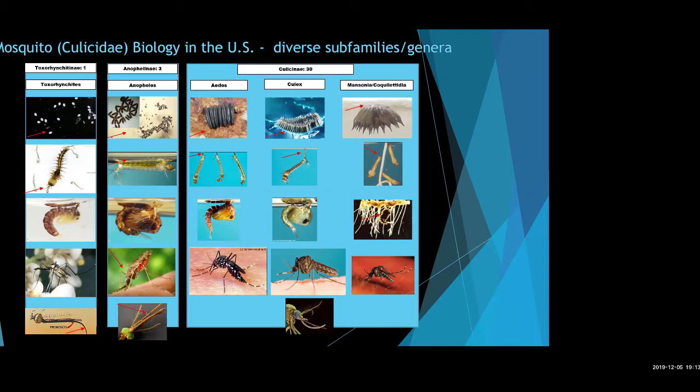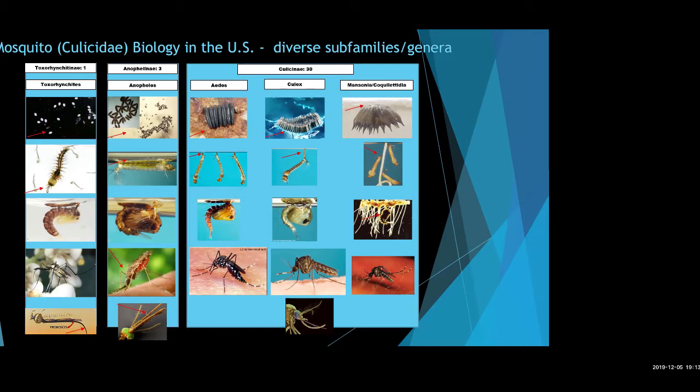You can see on this particular slide that I have grouped them. Toxorhynchitinae on the left, Anophelinae in the middle, and then the large Culicinae on the right. The red arrows indicate the individual markings that set them apart, besides, of course, genetics.